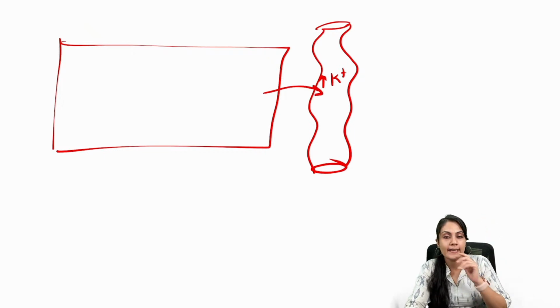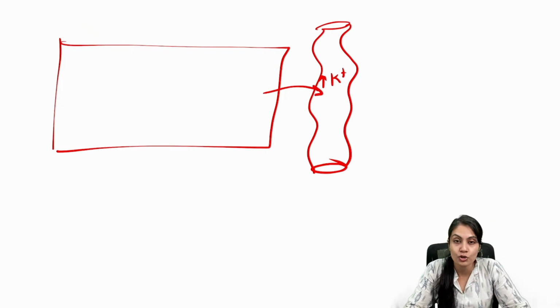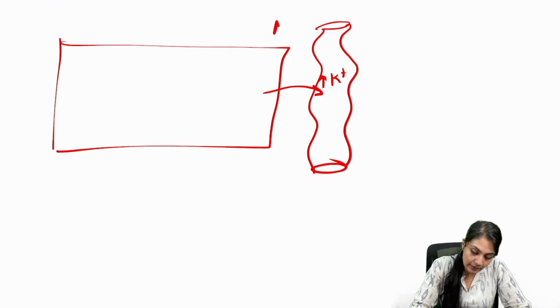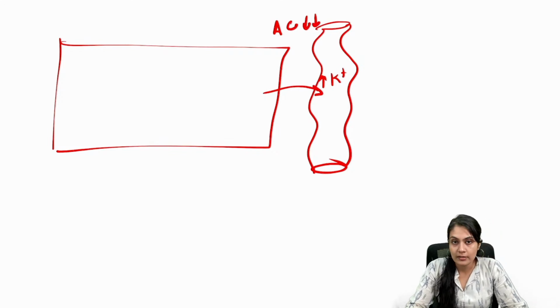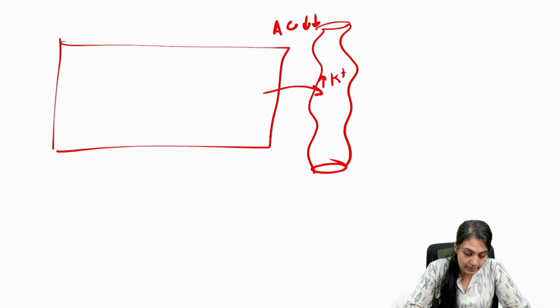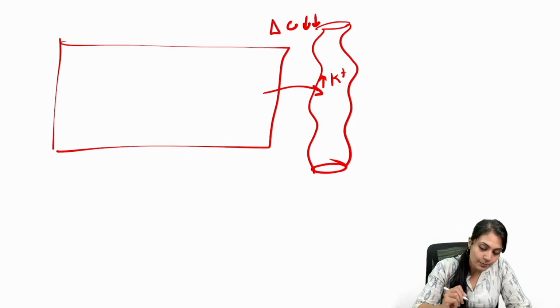Obviously inside the cell the potassium is going to be much higher because it's a bag of potassium. So the gradient is going to be reduced over here. It's not that the opposite movement will start. Understand that. This is the delta that I have written over here. So delta C is going to decrease. That means less potassium will move outside.